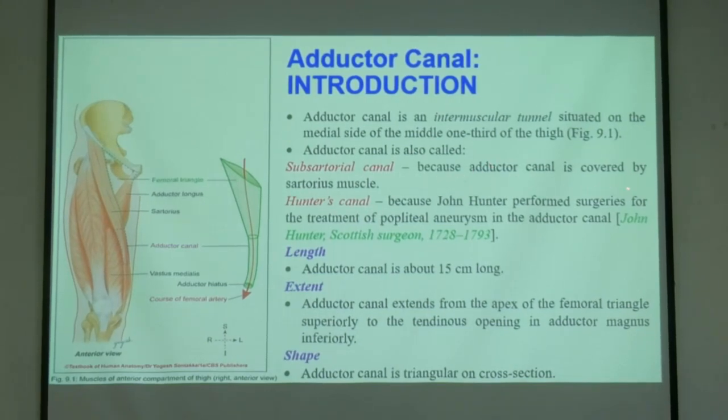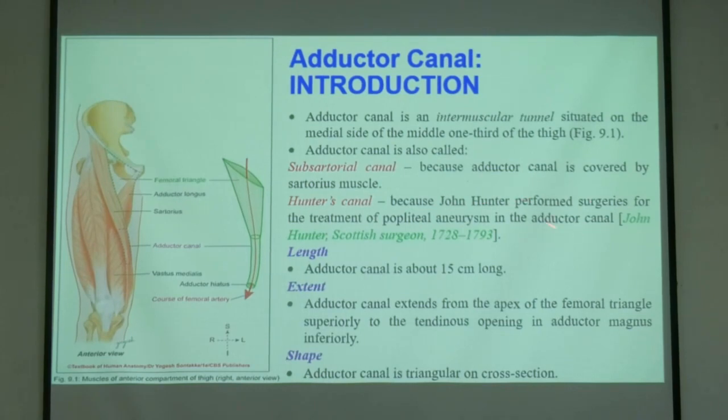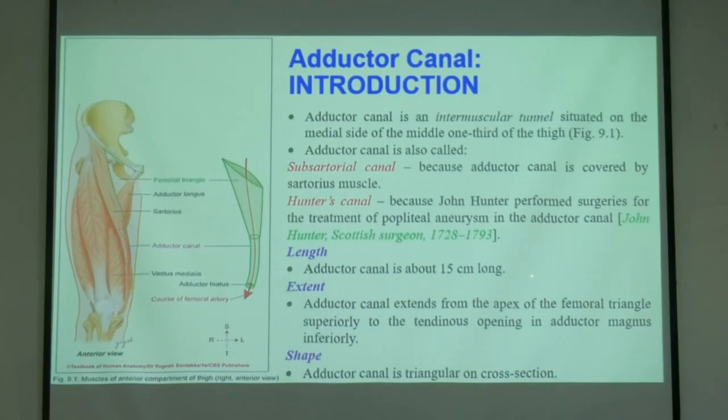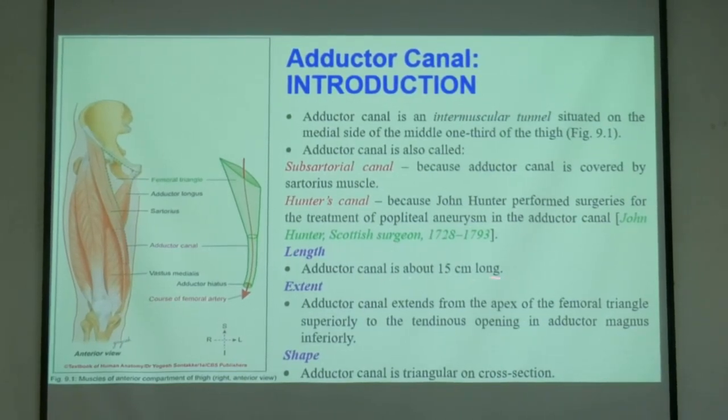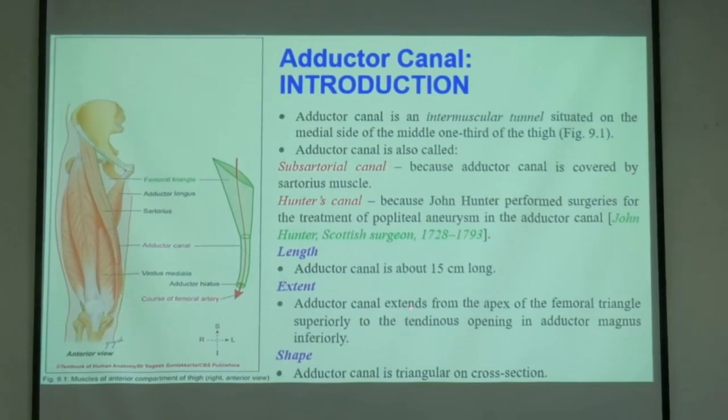Subsartorial canal because the adductor canal is covered by the sartorius muscle, and Hunter's canal because John Hunter performed surgeries for the treatment of popliteal aneurysm in this adductor canal. Length of this canal is about 15 centimeters.